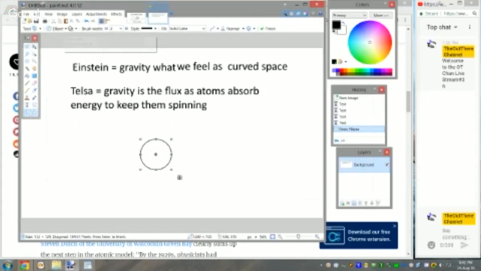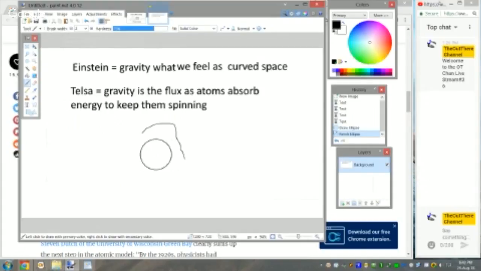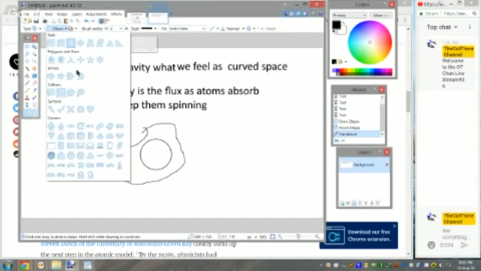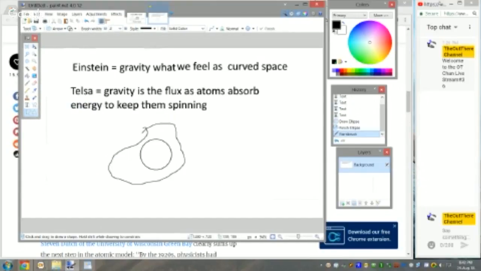So we've got an atom, and on the outside, it's got electrons orbiting and a strange cloud, as they're saying, but it's also absorbing energy all the time to maintain its structure.